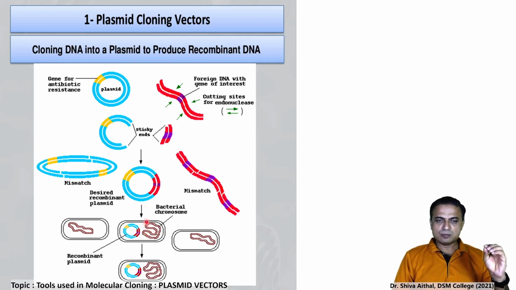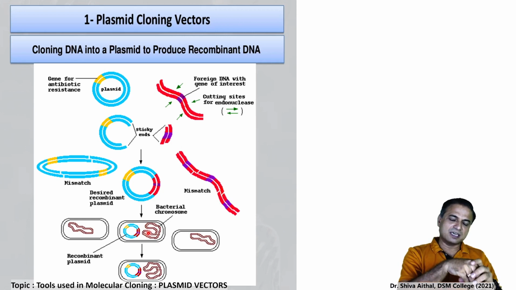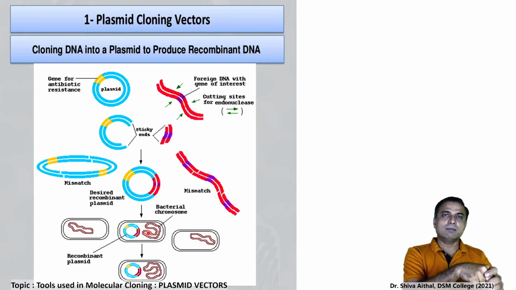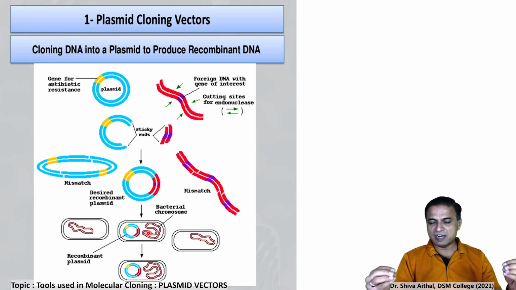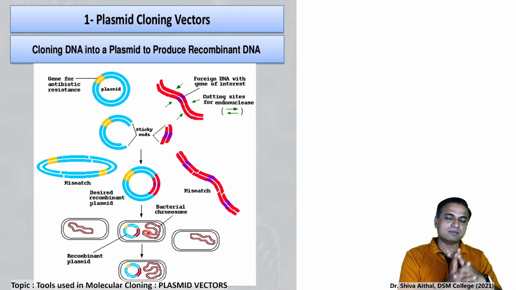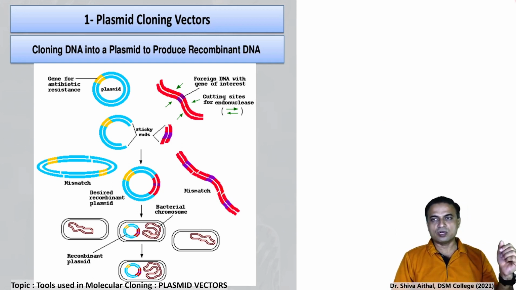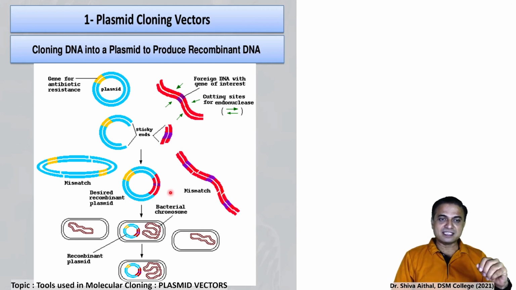As the recombinant DNA is inserted into the bacteria along with its chromosome, the plasmids will also multiply, the cells will divide, and one cell will form hundreds of cells. All these cells will get the plasmid with the gene of interest, and that is what molecular cloning is all about.